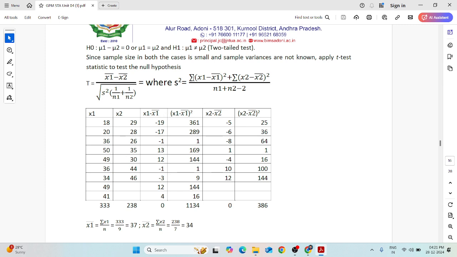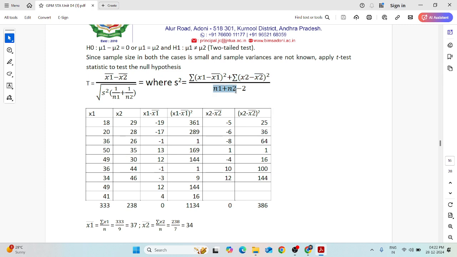So we need to get the data for this particular calculation. So this particular value is required. What is that? Summation of x1 minus x1 mean whole square. In the same way, as we have two populations, summation of x2 minus x2 mean whole square.